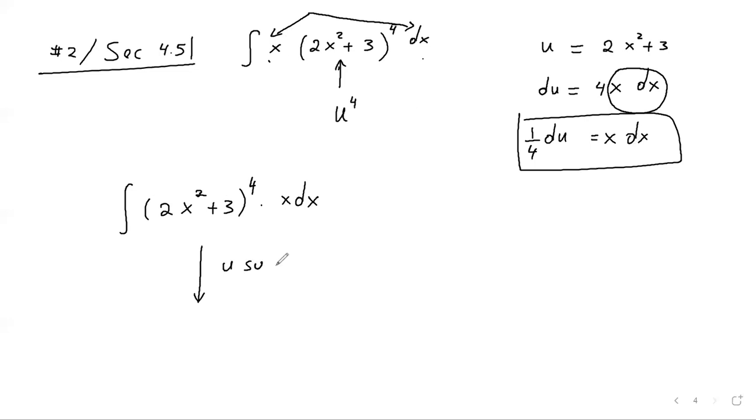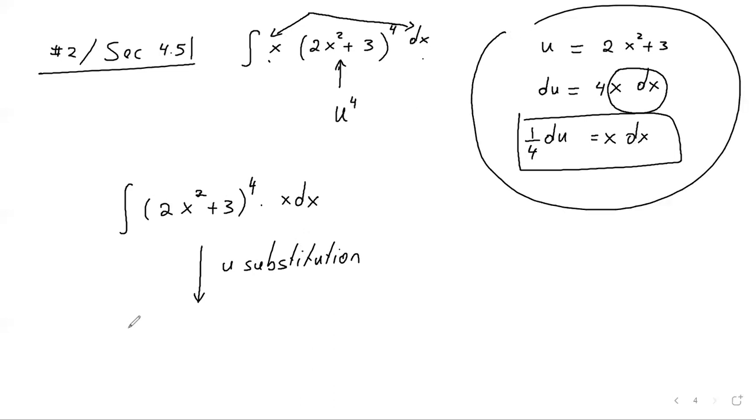The u substitution described earlier in this circled part is going to give us, piece by piece, 2x² + 3 becoming u⁴, and then x dx becoming 1/4 du.